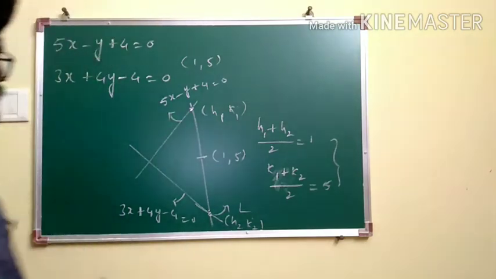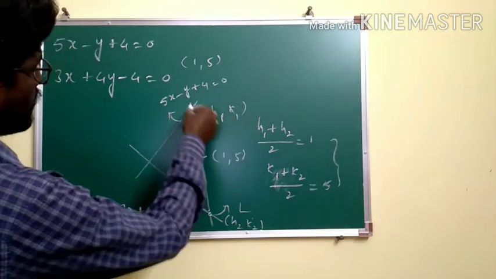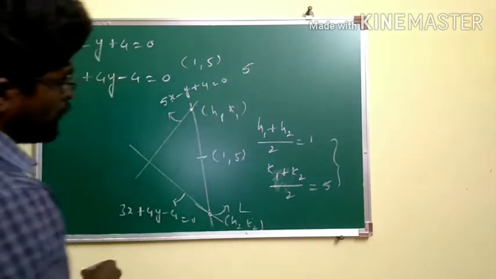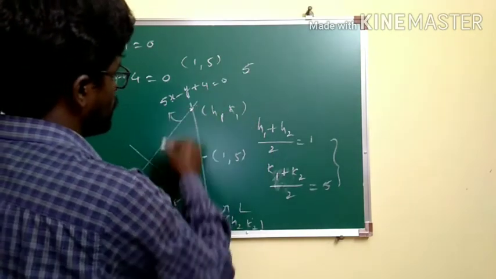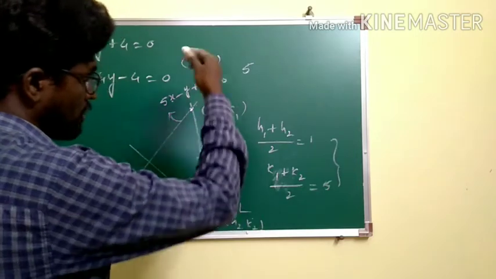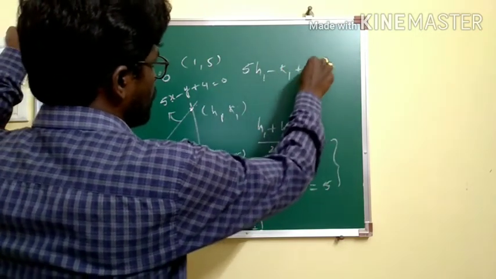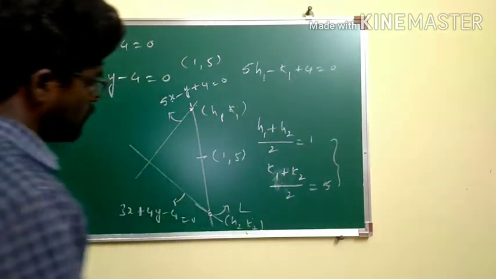First case, as I said, (h1, k1) satisfies the line 5x minus y plus 4 equal to 0, means on substituting h1, k1 this becomes 0. So 5h1 minus k1 plus 4 is equal to 0.